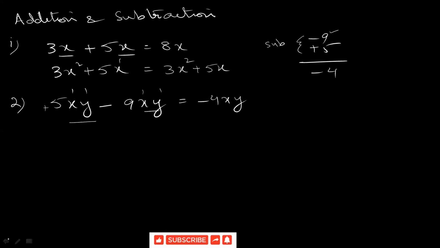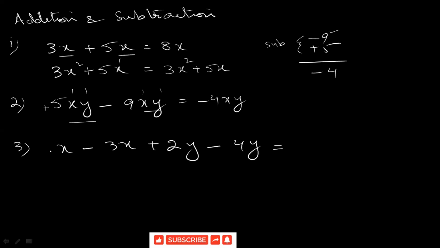Got it? Now we go for the next question. That could have more terms and more variables. Question 3 states: x minus 3x plus 2y minus 4y.